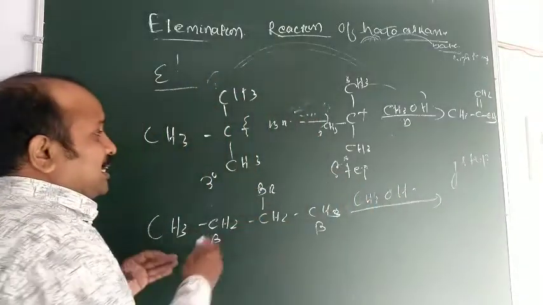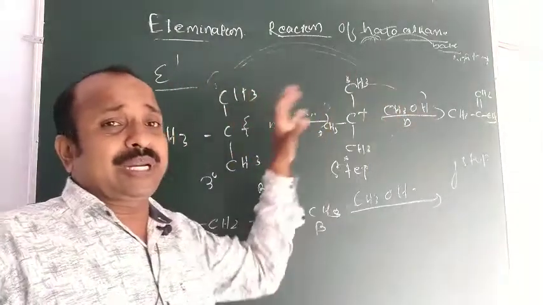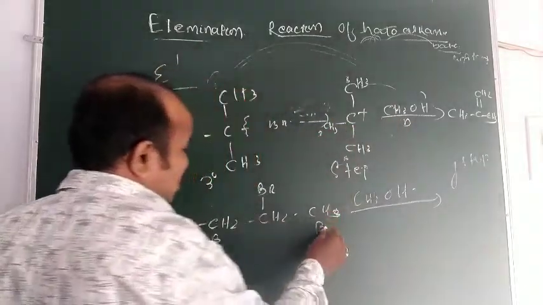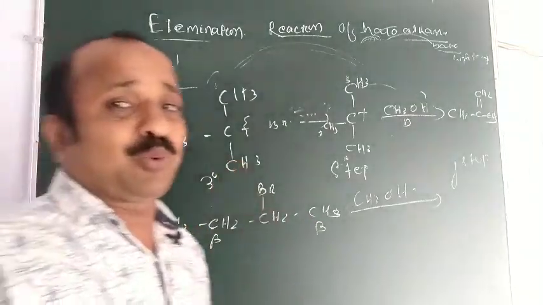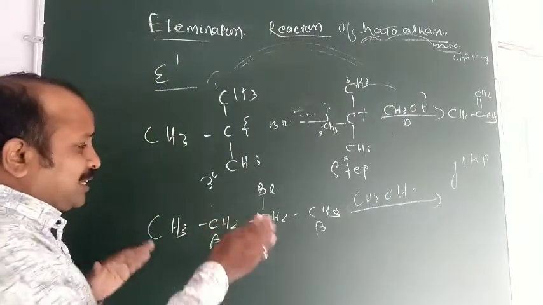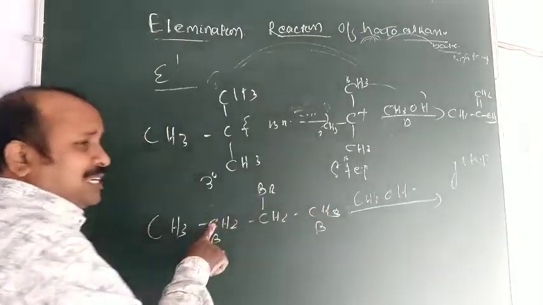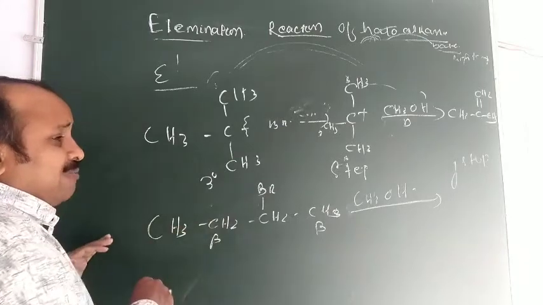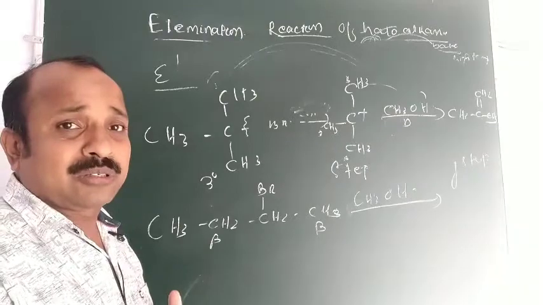We have already said that only beta hydrogens are attracted by the base. When there are two beta hydrogens, we follow the Saytzeff rule. There are two chances, this hydrogen or that hydrogen may be eliminated, but one is major, another one is minor. One is called the Saytzeff product, another is called the Hofmann product.